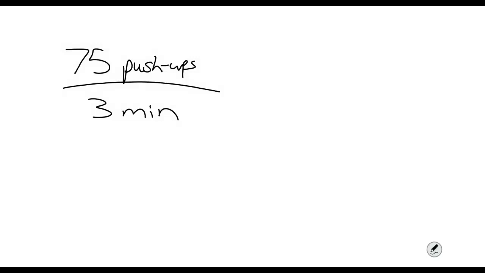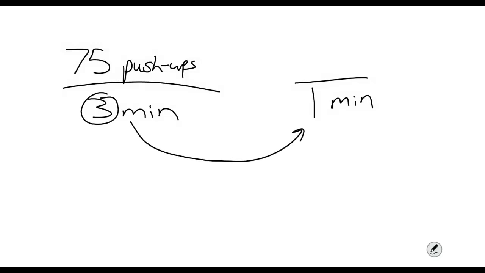How are we going to find the unit rate? Mark. Good. We need to have a unit rate of 1 minute. When you are going from a rate to a unit rate, you will always divide by your denominator in the rate. You will divide by 3. What are we going to do to 75?